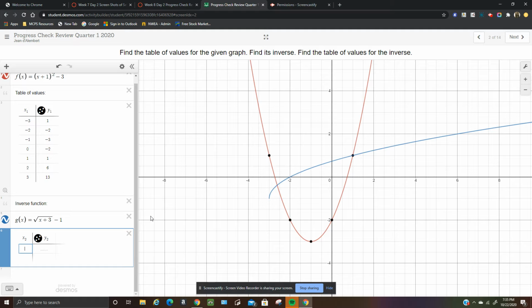And then 1, negative 3, switching the x and the y, negative 2, negative 2.